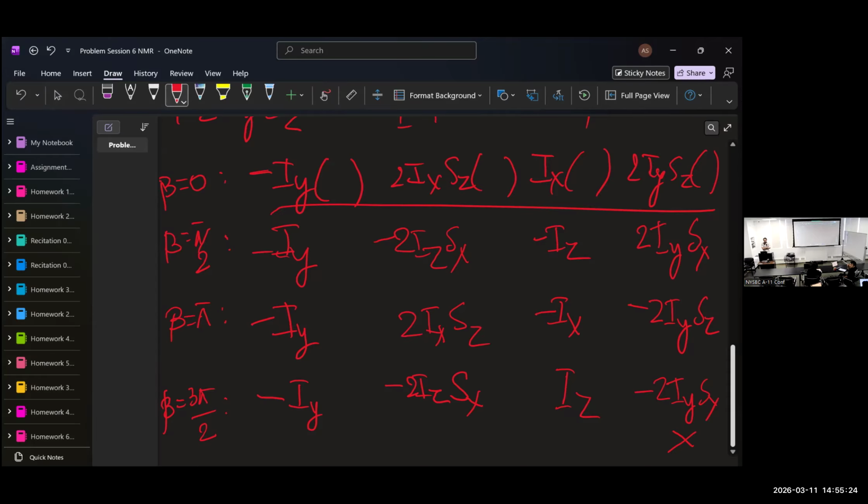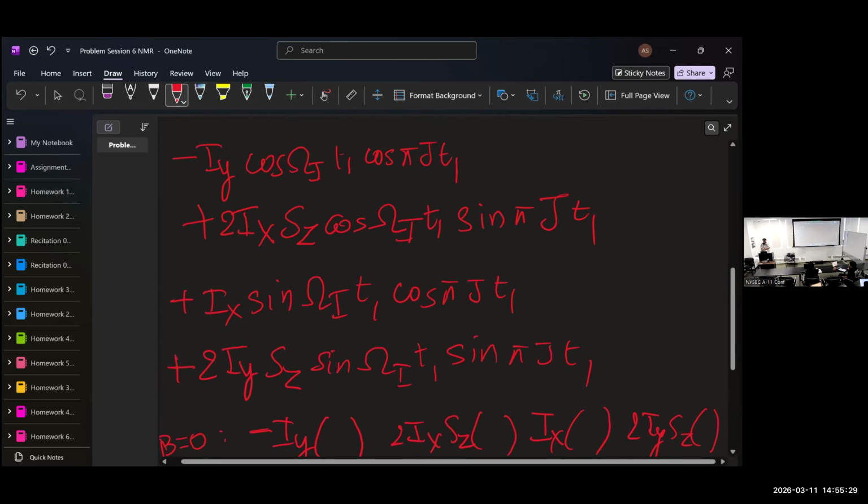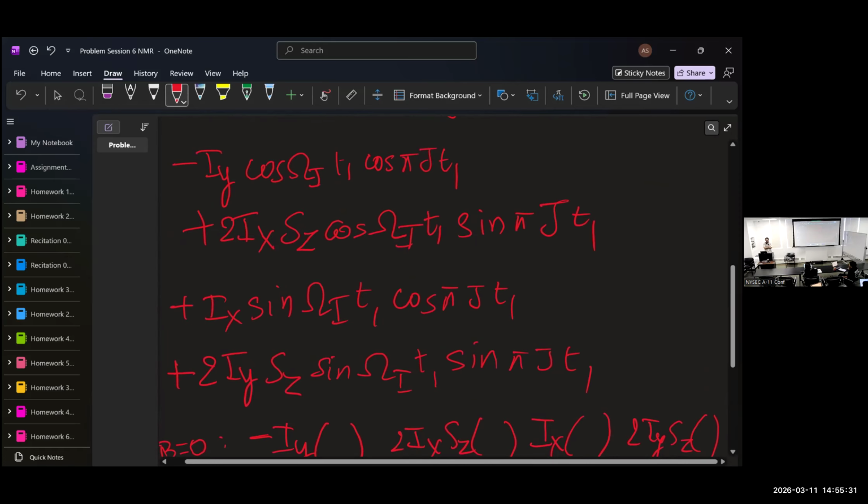If you scroll up a little bit, where we can see the trig functions, for example, IY, what was its frequency during T1? What's its chemical shift during T1?